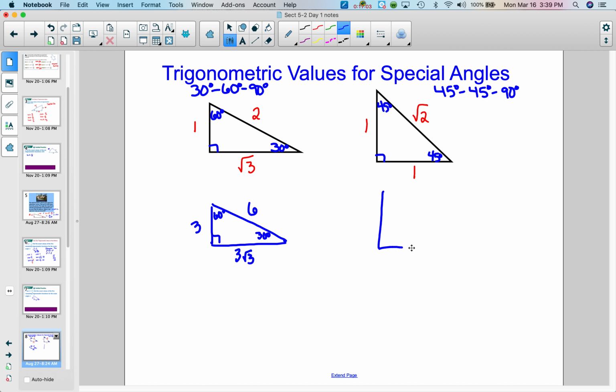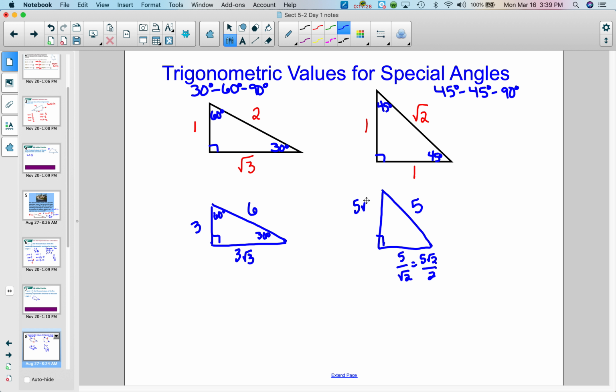For a 45, 45, 90 triangle, if this side was 5, I'm going the other way now. If I would have multiplied by the square root of 2 to get to this direction, this would be 5 divided by the square root of 2 because I'd be going the other way, which of course I would say is 5 root 2 over 2.